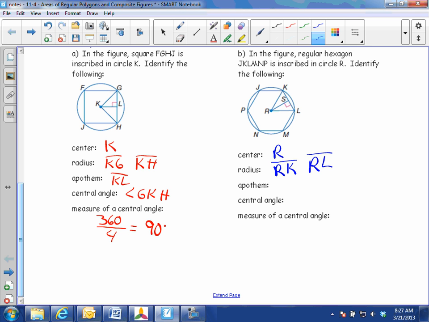No, you don't have to. I usually do. How about an apothem? RS. Yes. Central angle. KR. And how do we find its measure? 360 divided by the number of sides. How many sides do we have? 6, because it's a hexagon. So 360 divided by 6 is 60 degrees.